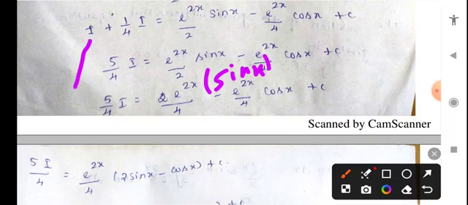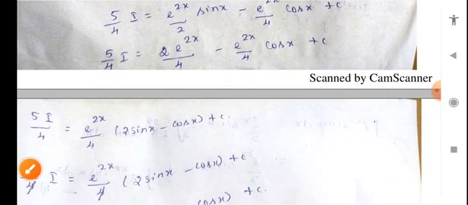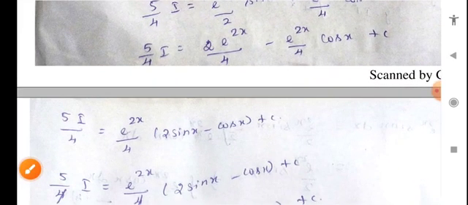The next step: 5 by 4 into I is equal to e power 2x, we can take it outside from this term, which is e power 2x by 4. What is remaining? Already sin x is there, and 2 is also presented, so it becomes 2 sin x minus cos x plus c.